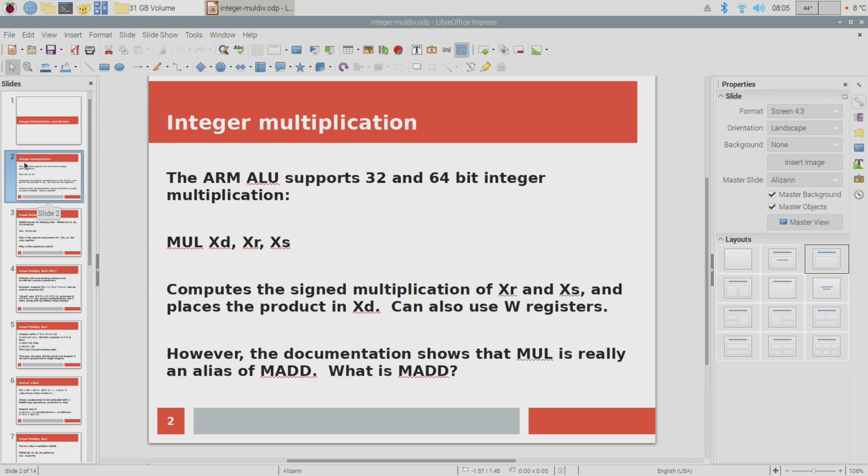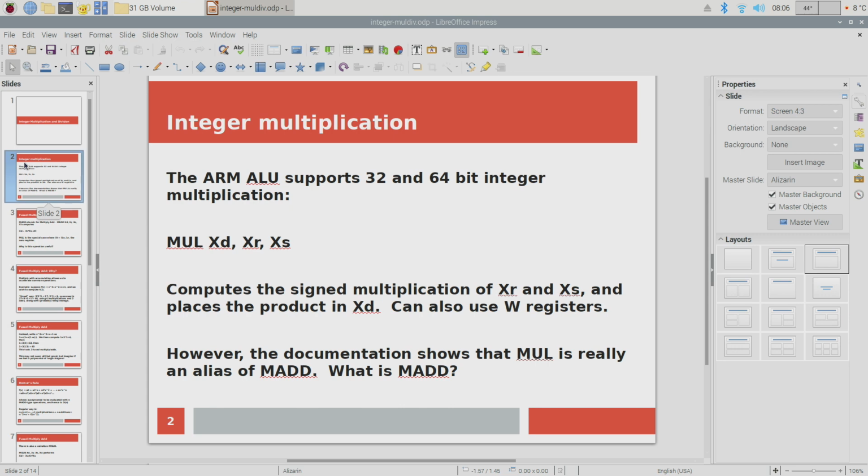Namely, the two things you're going to multiply are in registers XR and XS, and the product's destination register XD is listed first. You can also do this with W registers instead of X's, but you can't mix them, right?